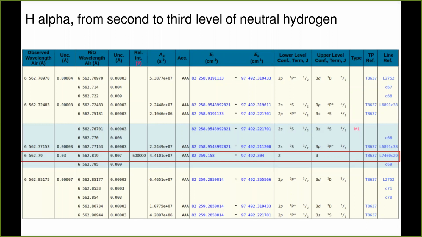What did we miss? So what's the H alpha line? Transition from the third to the second level of hydrogen. But what's missing? 3 and 2 are which quantum numbers? Principal quantum numbers. But the level configuration is determined also by L, by the orbital quantum number.